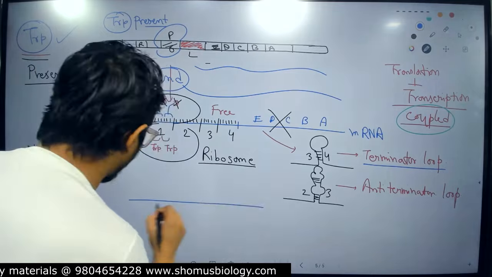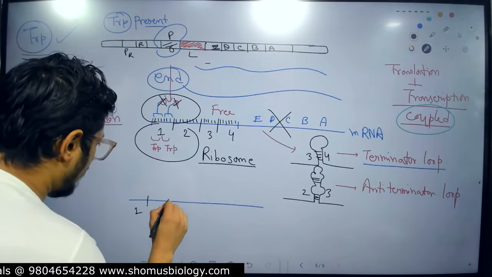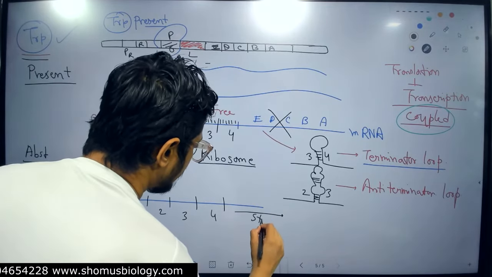So again let me draw here. We have the sequences, sequence 1, 2, 3 and 4, and the rest of the structural genes out there.